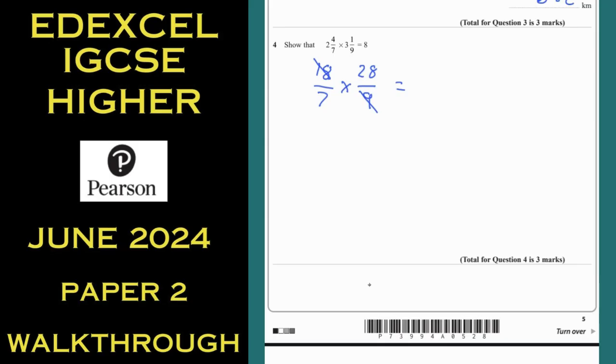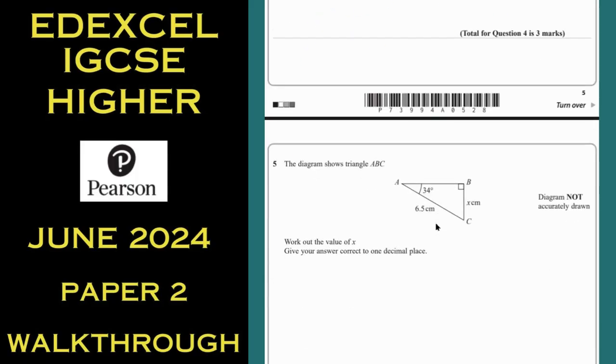Top and bottom are divisible by 9, so divide by 9 and again. Top and bottom are divisible by 7. So there we go. And we get a nice easy 8/1. In other words, 8, and the mark scheme is very much open to those pre-cancelling.